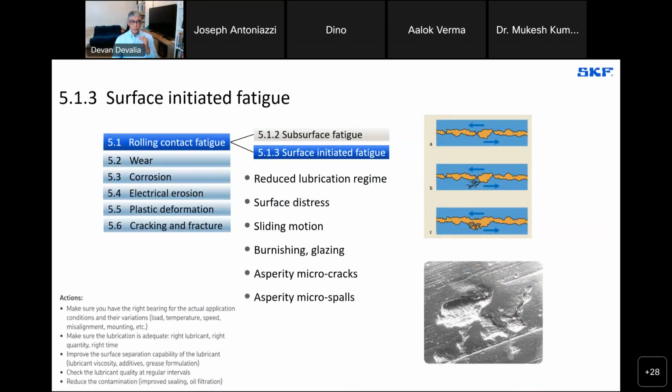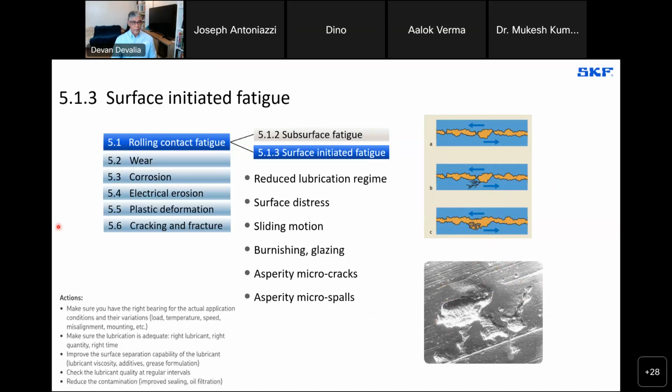It results from damage when the asperities on the rolling surfaces, the balls or rollers and the raceway, hit each other. And we spoke about this before we started the presentation. We end up with uncontrolled breaks, and these particles float around and further reduce the adequacy of the lubrication and lead to more damage. You can see here we have wear as a result of the particles being entrained in the lubricant and dragged along.